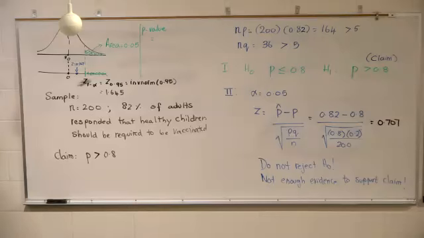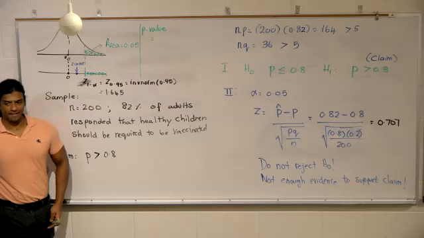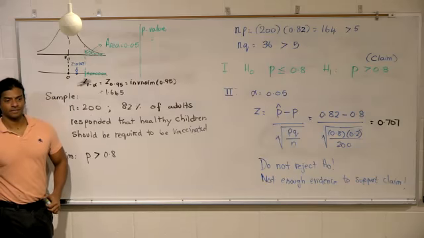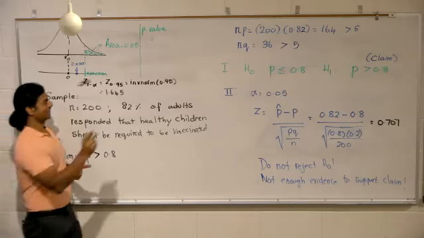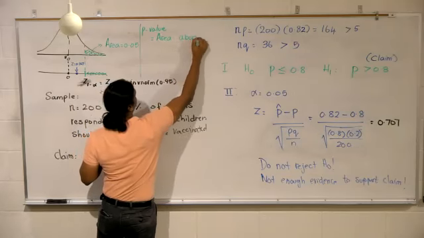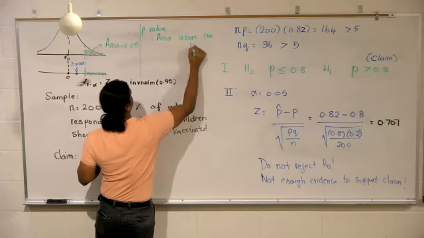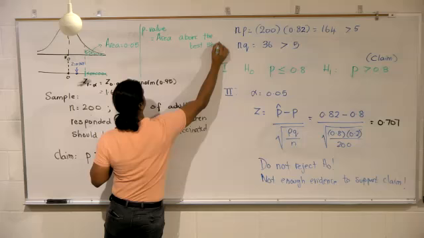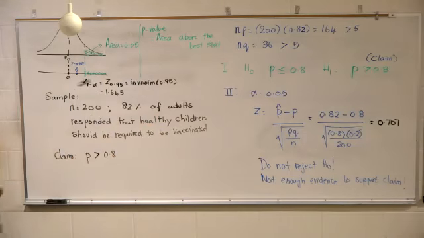This is a right tail test. And what do we know about the p-value for a right tail test? It is the area above the test statistic. Even before you start the problem, do we expect that area to be bigger than 5% or less than 5%?